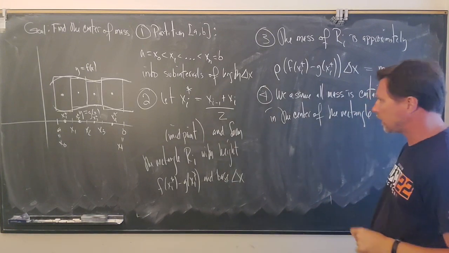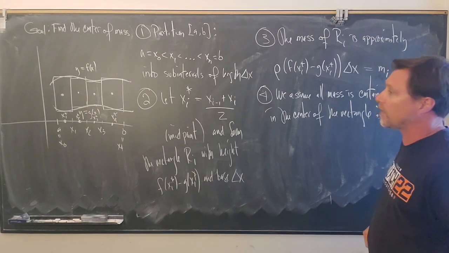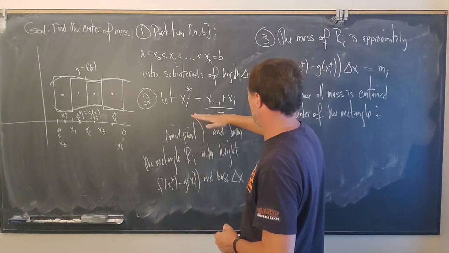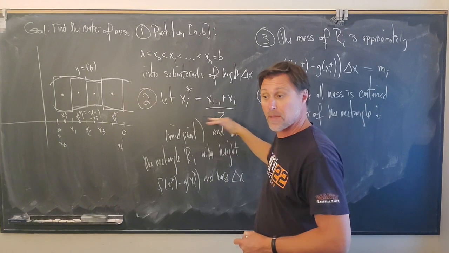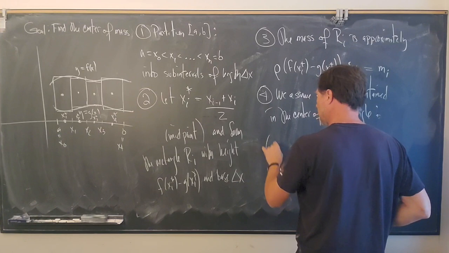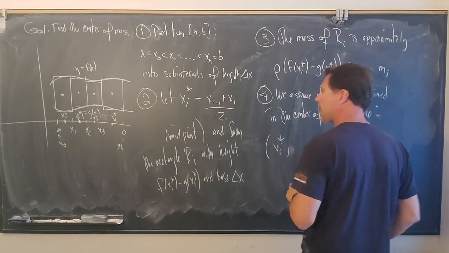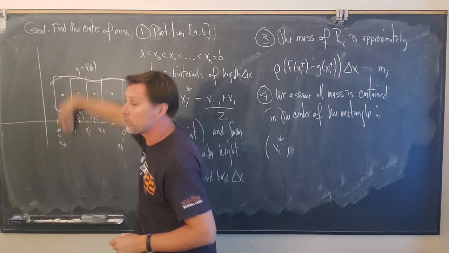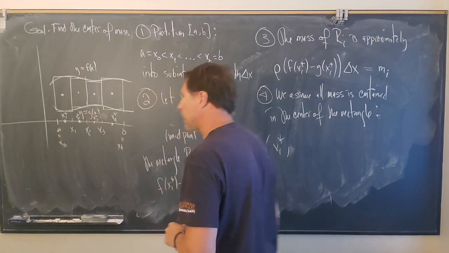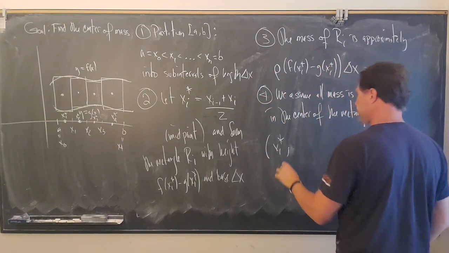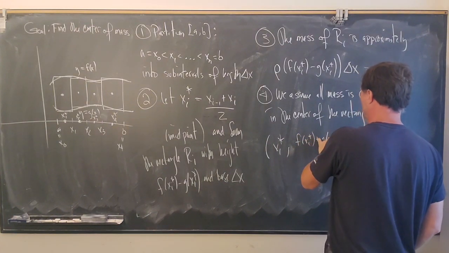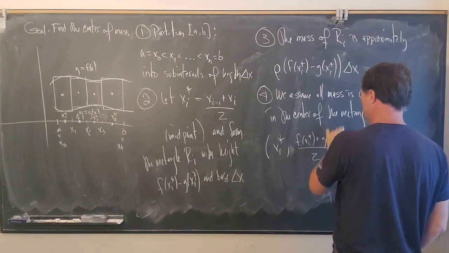So what does that mean? How do you find the center? Well, that would mean that its x-coordinate is the midpoint. So it's at the center of the rectangle, so that would be at xi star. And then how do you find the midpoint with respect to the y direction, the vertical direction? Add and divide by 2. That's how you find midpoints. And so it would be f of xi star plus g of xi star divided by 2.